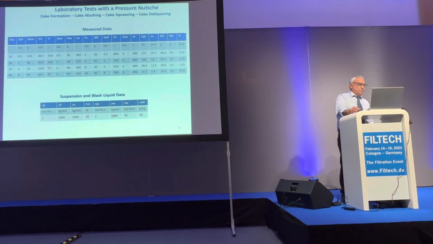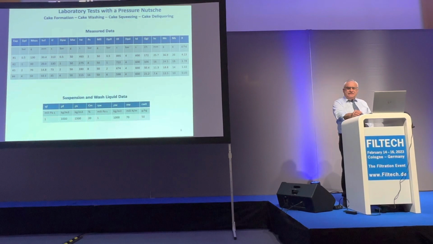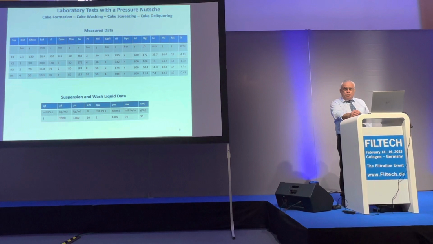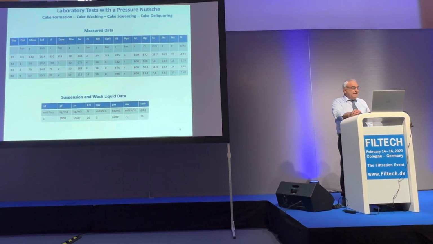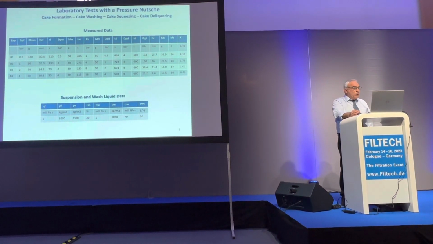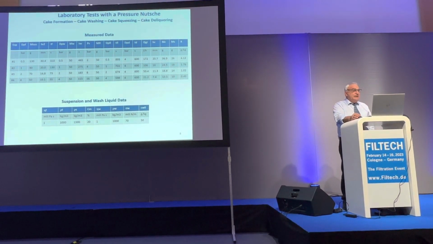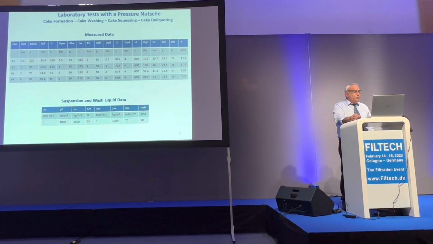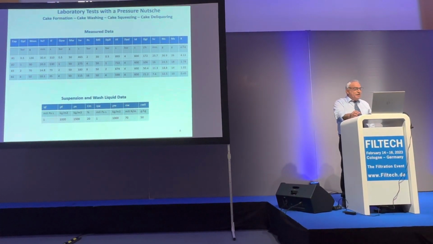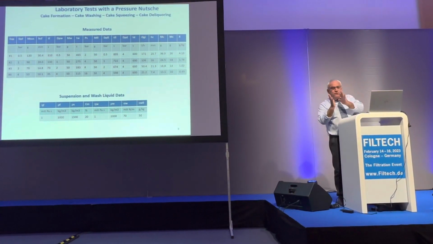So here is an example of 4 tests with different cake formation pressure differences. Why different pressures? To get the compressibility of the cake. A definite amount of suspension gives the cake height formed with this suspension. Then we measure the filtration time, a definite pressure difference for washing, a definite wash liquid amount. Then we measure the washing time, a definite squeezing pressure after washing.